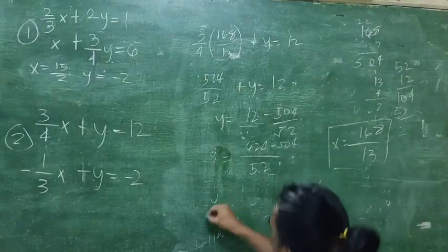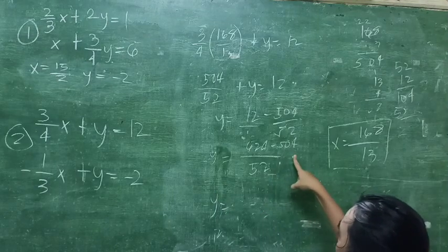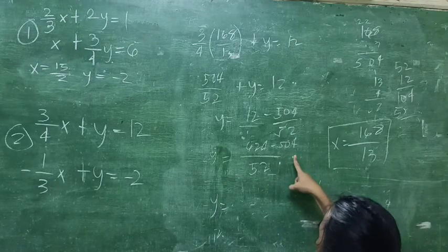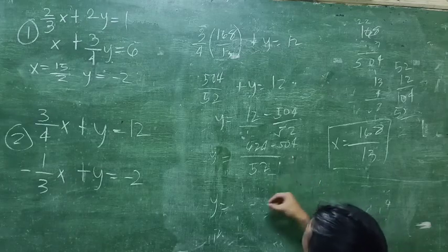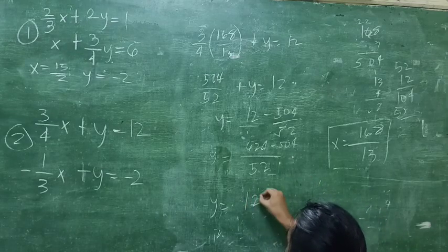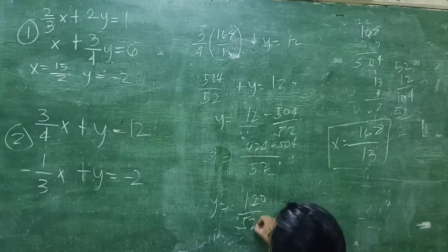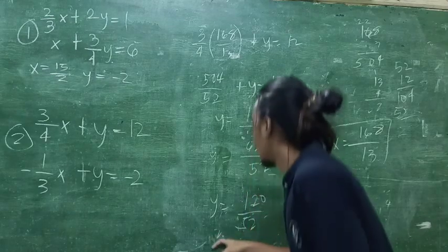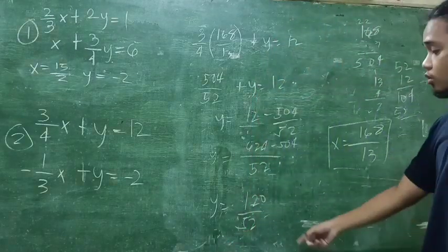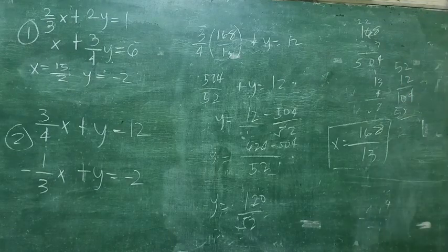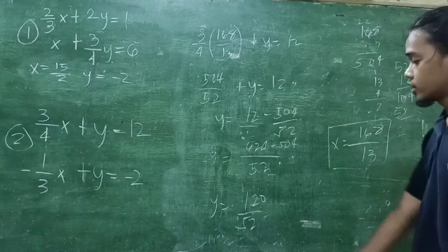So simplify it. We have 624 minus 504 is 120, so 120 over 52. We can see that it can be reduced to lowest terms as both our numerator and denominator are divisible by 4.